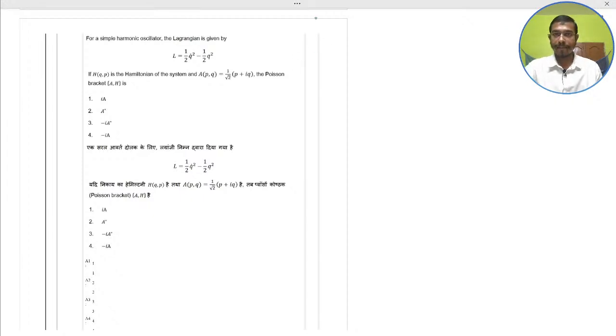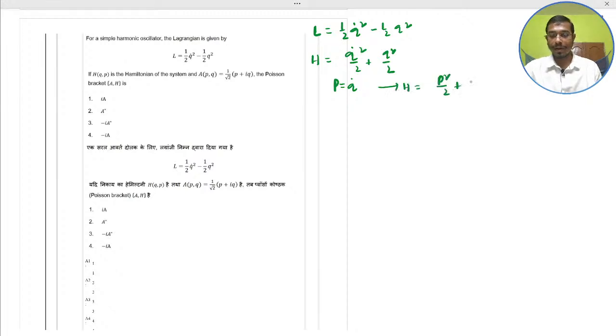L is given as half q dot square minus half q square. So simplifying further for the Hamiltonian, q dot square by 2 plus q square by 2, using p equal to q dot, the Hamiltonian becomes p square by 2 plus q square by 2.